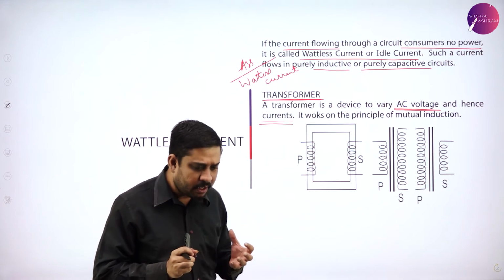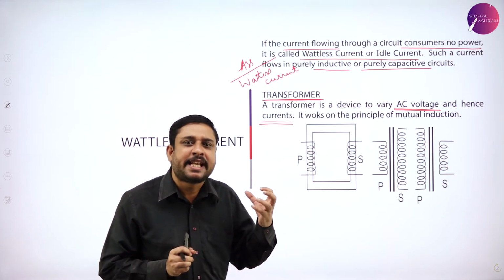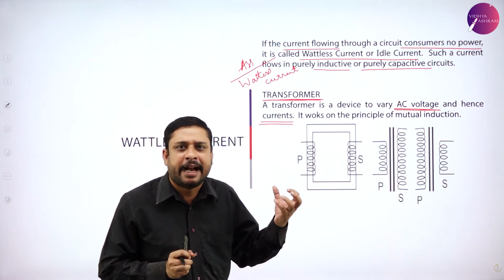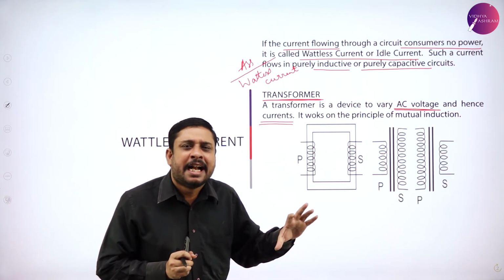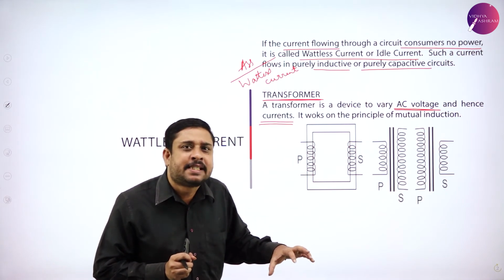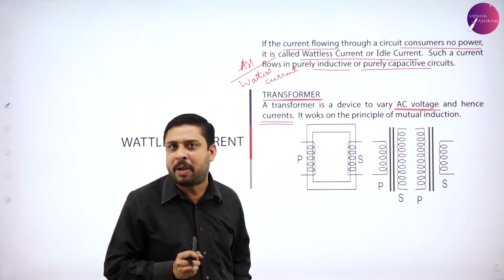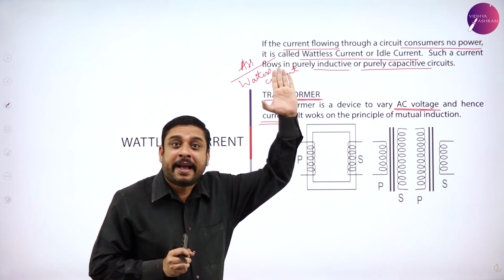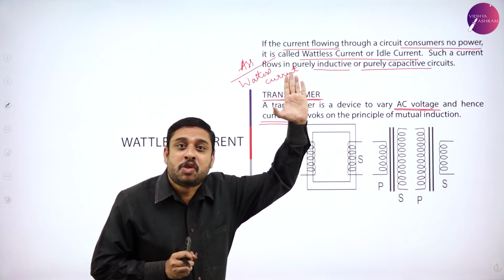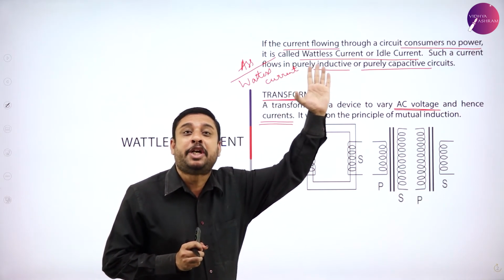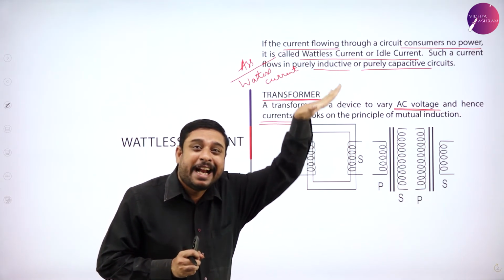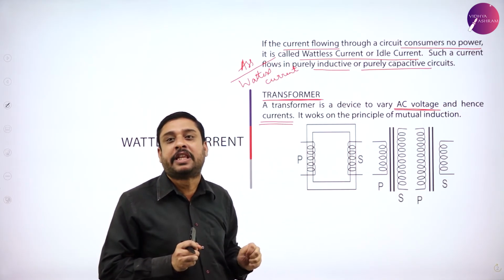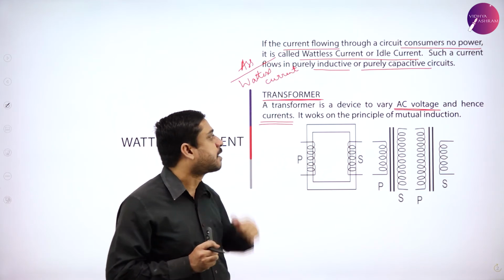Now, see, usually for domestic purposes, we get alternating current basically at 220 volts and 50 hertz supply. Sometimes from the feeder lines, we may get a voltage whose magnitude is more than 220 volts. There I have to reduce, step down the strength of the current. I use a transformer.